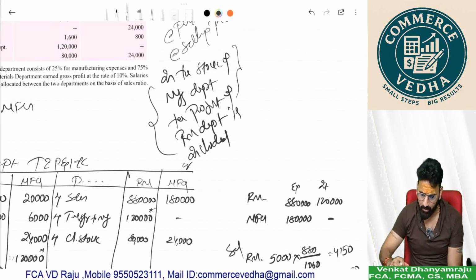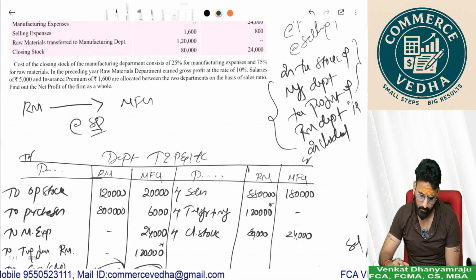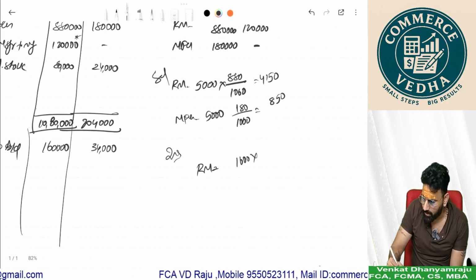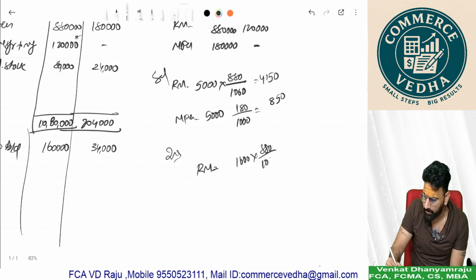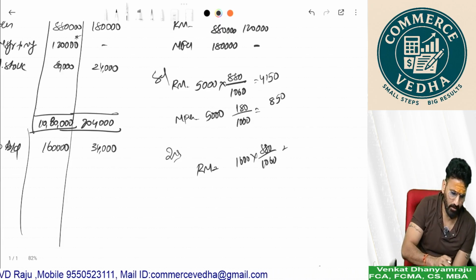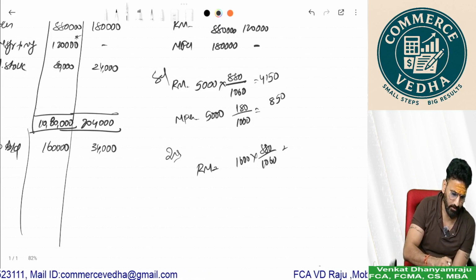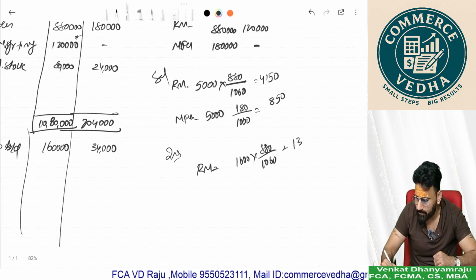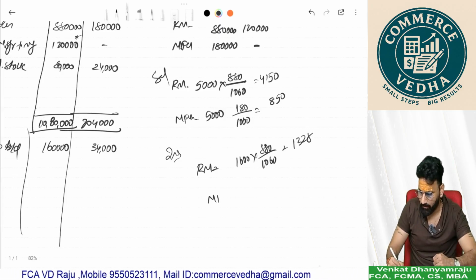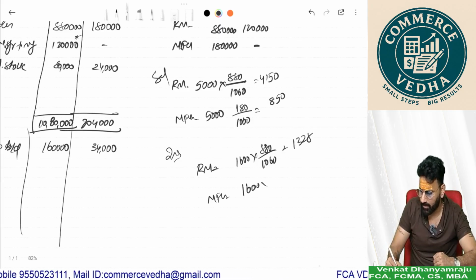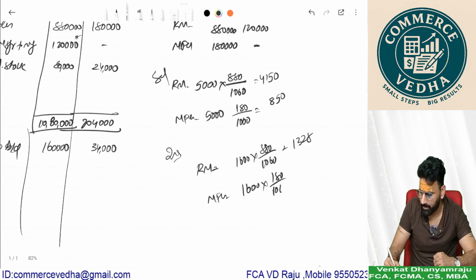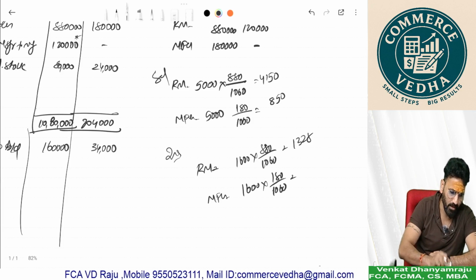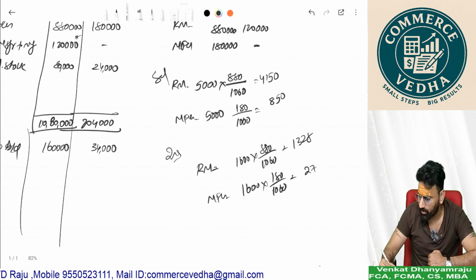What is the total amount paid for insurance? 1,600. So 1,600 into 880 by 1060, it is 1328, and for the manufacturing department 1,600 into 180 by 1060, it is 272.